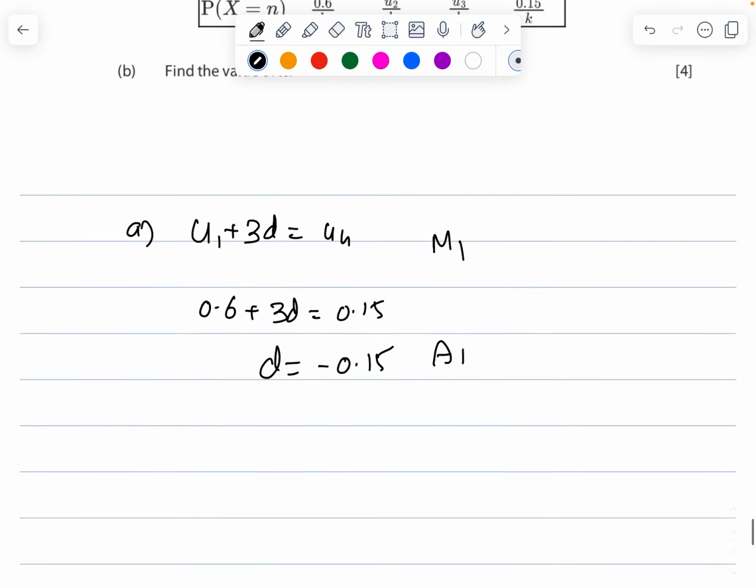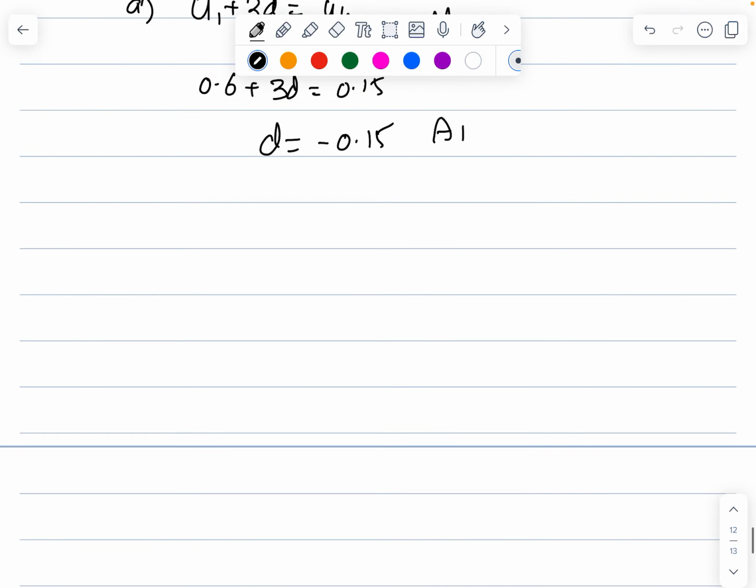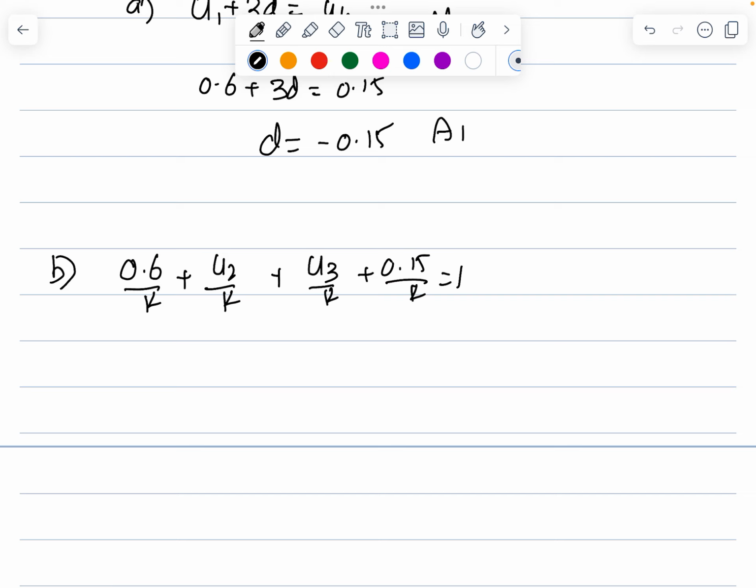He's asking us to find the value of k. So we know that the sum of all probabilities is going to be 1. 0.6 upon k plus u2 upon k plus u3 upon k plus 0.15 upon k equals 1.